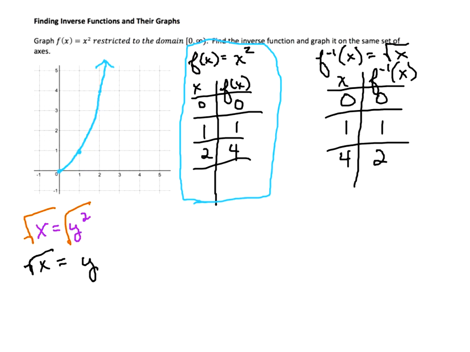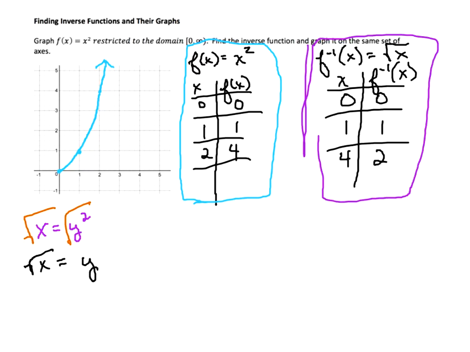I'll graph this one in magenta. 0, 0. 1, 1. 4, 2. This goes like this. And if I came and graphed y equals x, it would go like this, cutting straight through as a mirror of reflection.